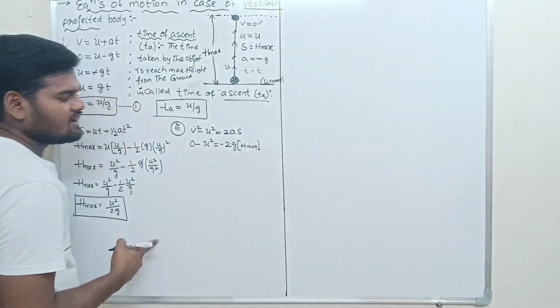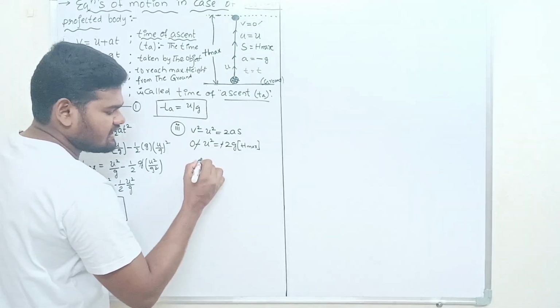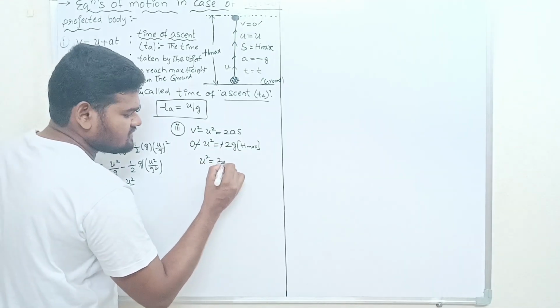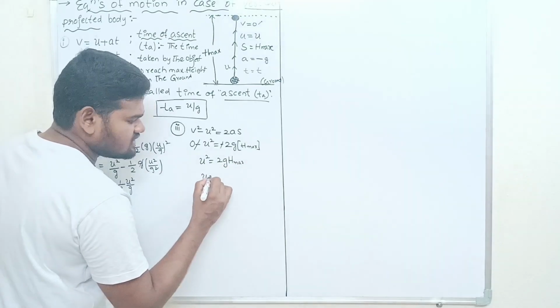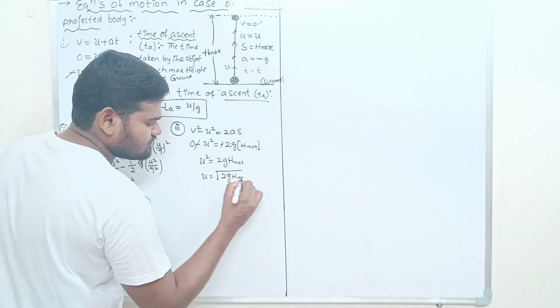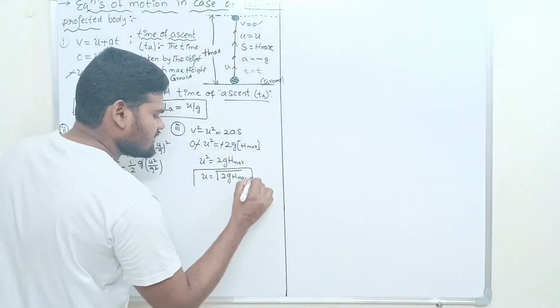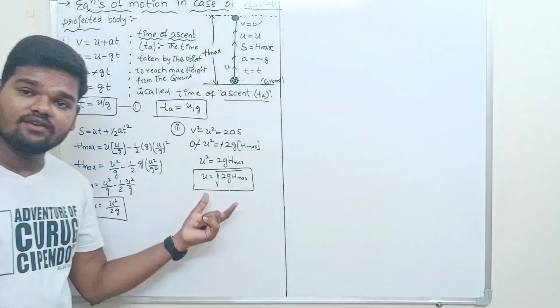The minus and minus cancel out and we get u squared = 2g h maximum. So u = under root 2gh.